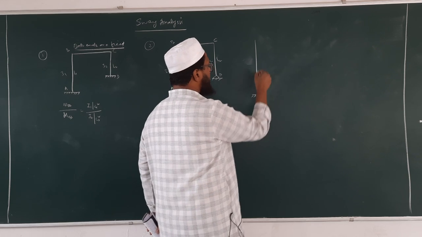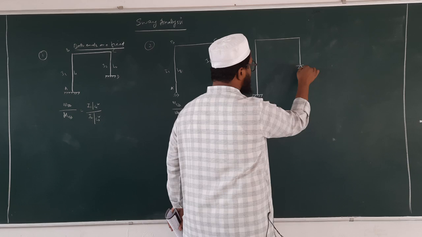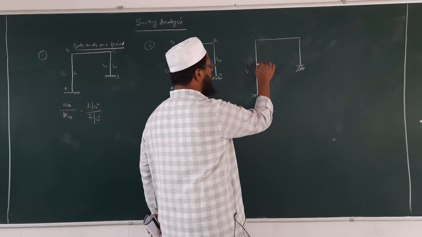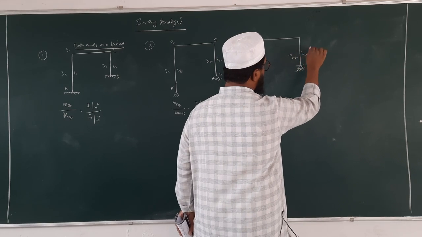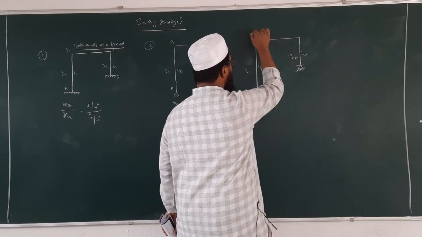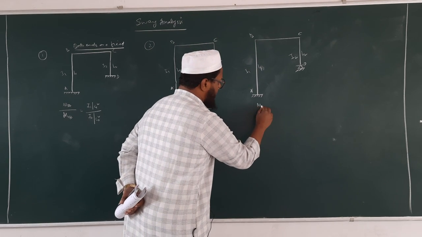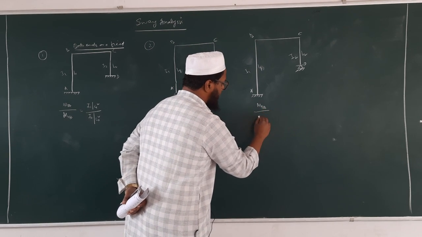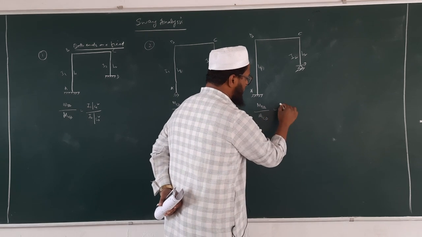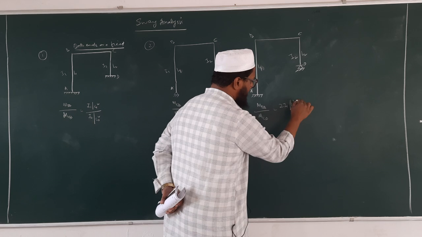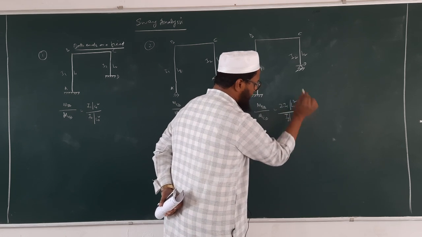Another case is one end fixed and other end hinged. So this is I1 and length is L1. And this is I2 and L2, this is A, B, C and D. So in this case, MBA by MCD is equal to 2I1 by L1 square divided by I2 by L2 square.